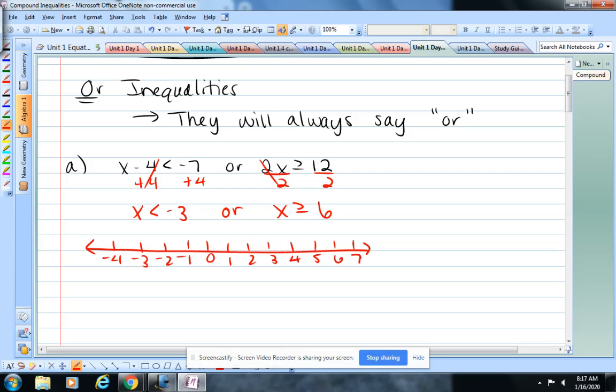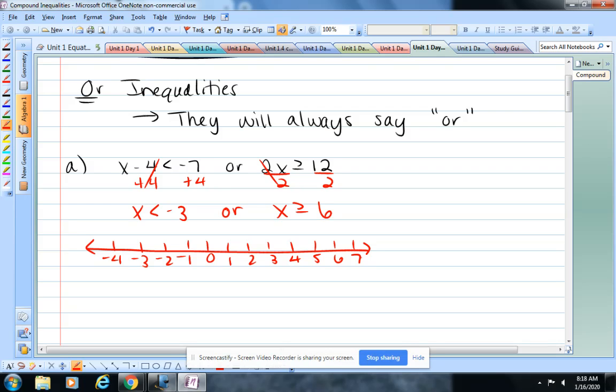So at least include those two numbers on there, and I like to go at least one space after it in both directions. All right. So after you draw your number line, you're basically just graphing both of them on the same number line.